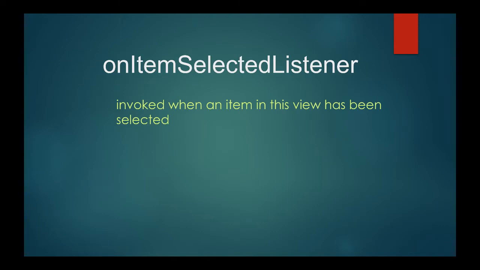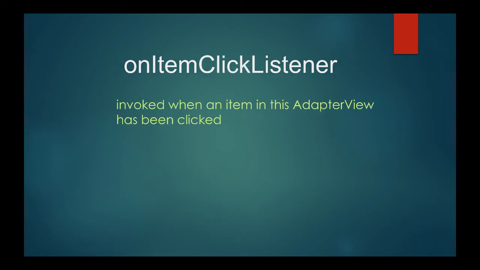But when I load my emulator, I am able to trigger OnItemSelectedListener by pressing the up and down arrow keys on my laptop or PC, and I would be able to trigger the OnItemClickListener when I click on any of the items in the ListView through my mouse.